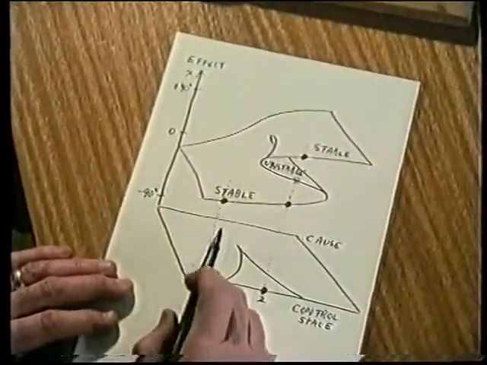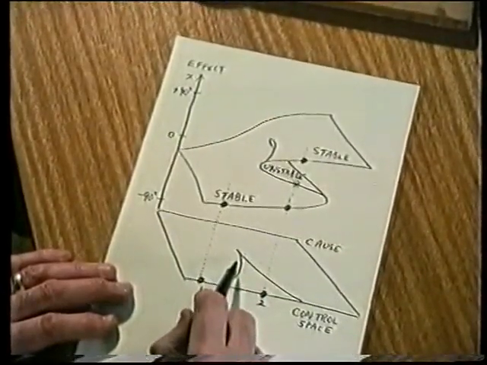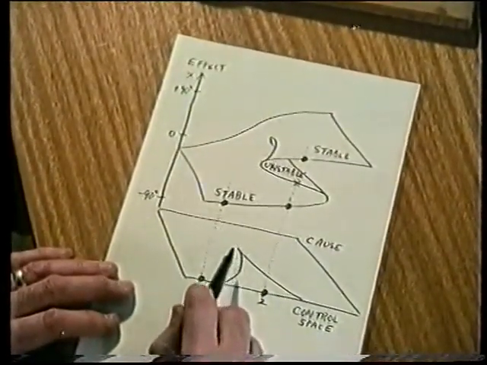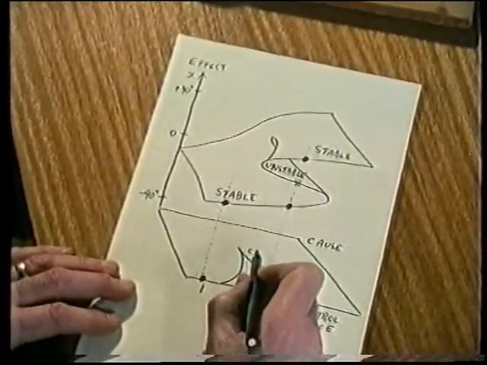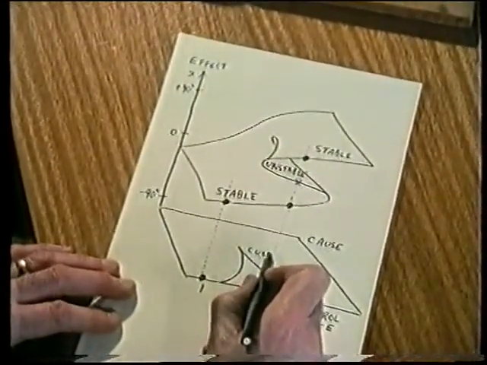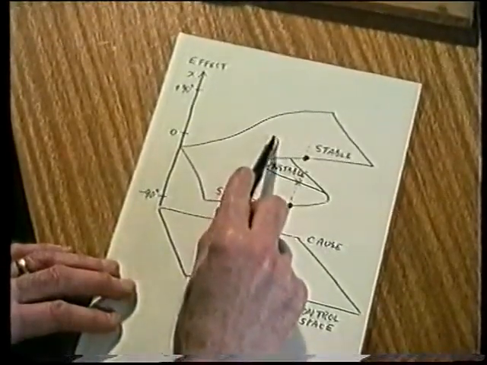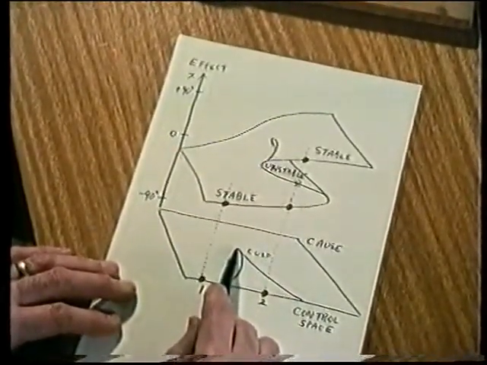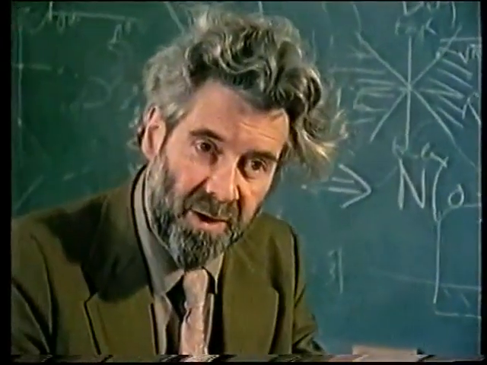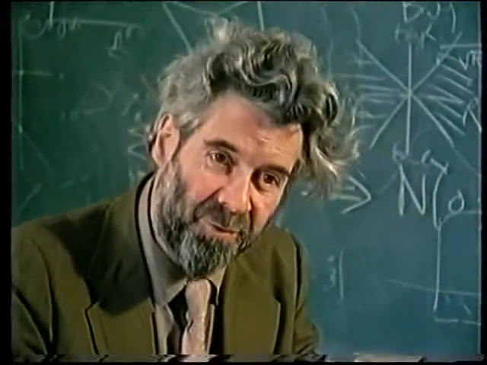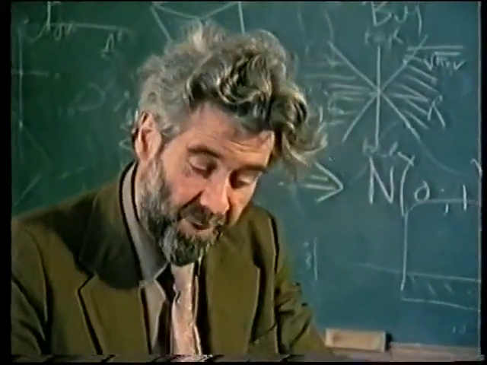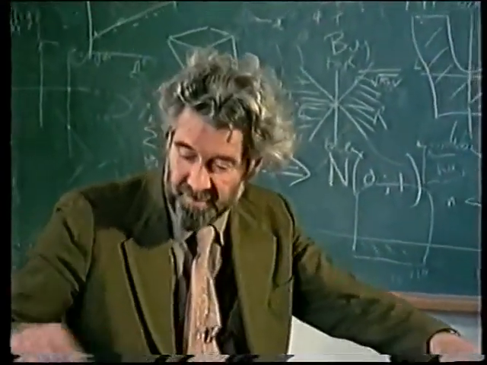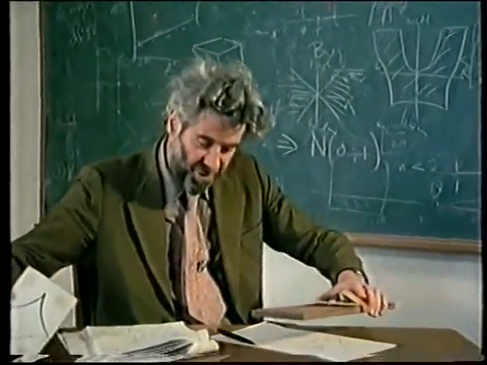When we project the fold curves down onto the control space, they create a sharp point, which is called a cusp point. Upstairs it's quite smooth, but downstairs we get a cusp point, and this is why we call the whole surface the cusp catastrophe surface.